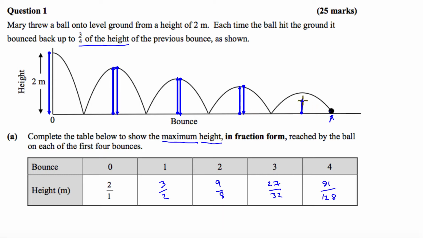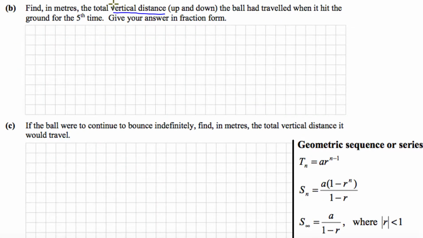And finally in the 4th bounce, before it hits the ground for the 5th time, is here, up and back down. So it's the total of all these distances here that I've marked with these blue arrows. So it's going to be the 2 meters plus twice each of these distances here in the table. So that's how we're going to find the total vertical distance.